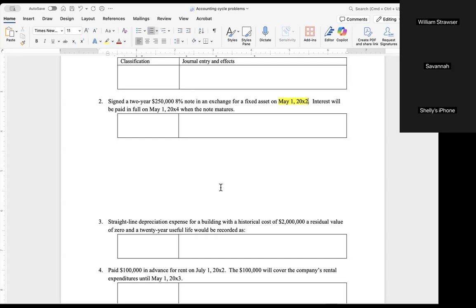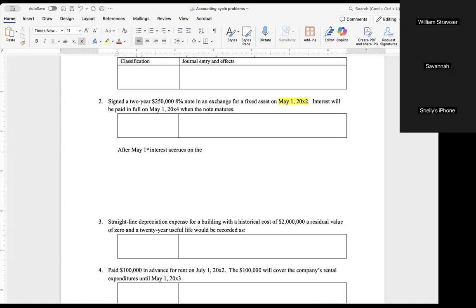We didn't actually borrow money in this case; we got an asset, but we told this company we are indebted to you. We signed a note that says we're going to pay you back in 2 years. So it's on May 1st that the interest starts to accrue. After May 1st, interest accrues on the note, and that's the adjusting entry that we're chasing here.